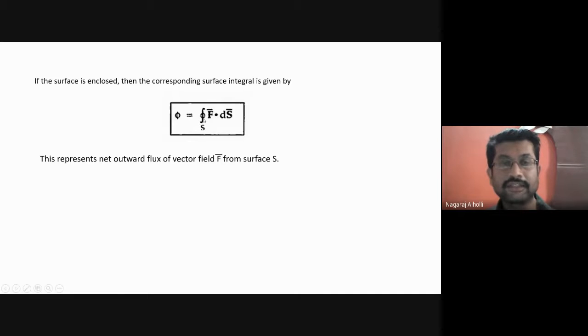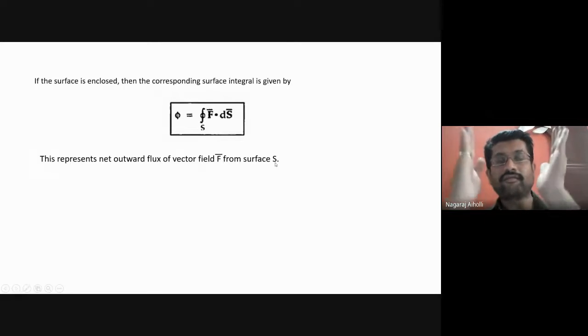Hence flux is given by the closed surface integral of f bar with respect to ds bar. What is this formula? It is the net outward flux of vector field f bar from the surface S. How much is the net vector field f bar flowing from the surface S? That is nothing but the flux phi, the total flux phi.